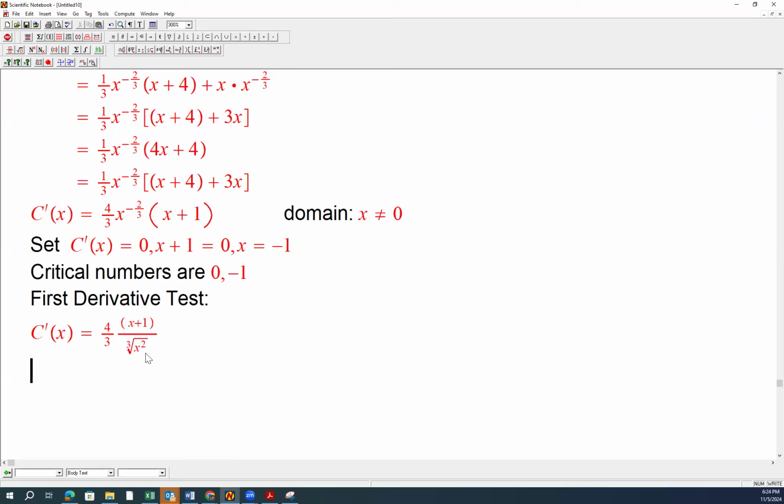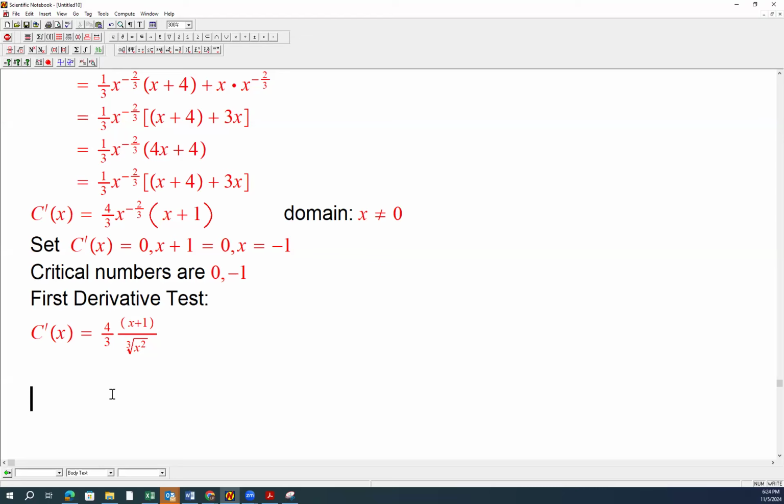Now you can see the denominator is always positive, so the sign of x plus 1 is going to be the sign for the entire derivative.